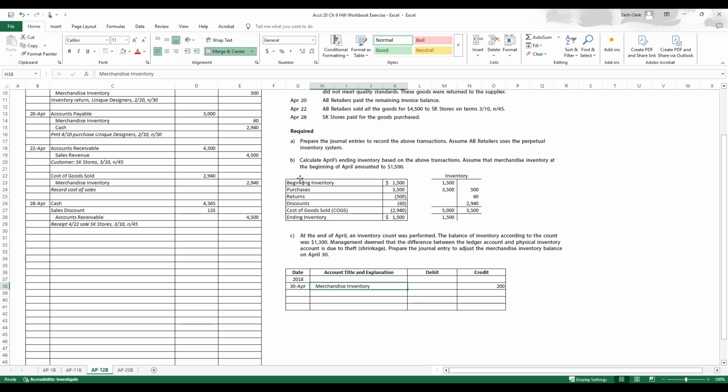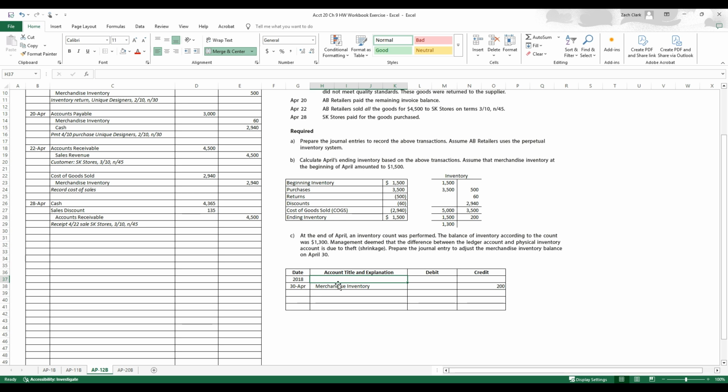So it's pretty obvious that we'd want to credit the merchandise inventory count. If we were doing this up here and showing it on our T account at this point, we would credit our inventory account for 200 to bring it down to the actual 1,300, which is what we counted.